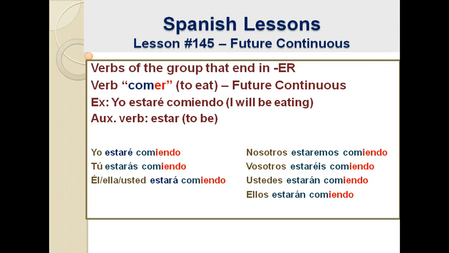And for this second group, as well as for the next group, the third group of verbs, the ending is yendo, right? Comiendo. So have that in mind and remember the right ending for each one of the three big groups of verbs.